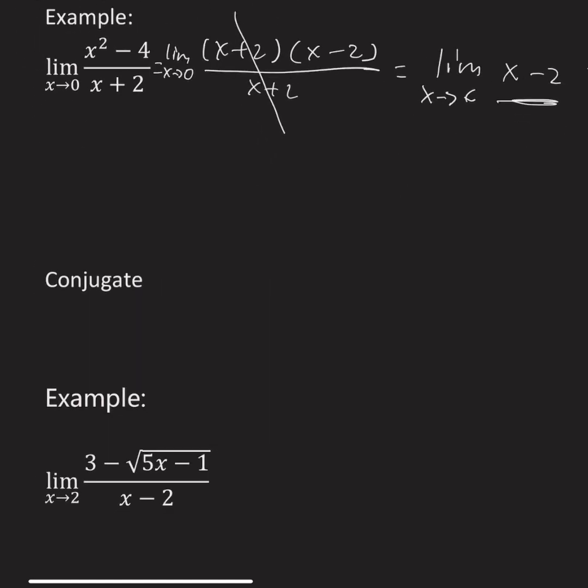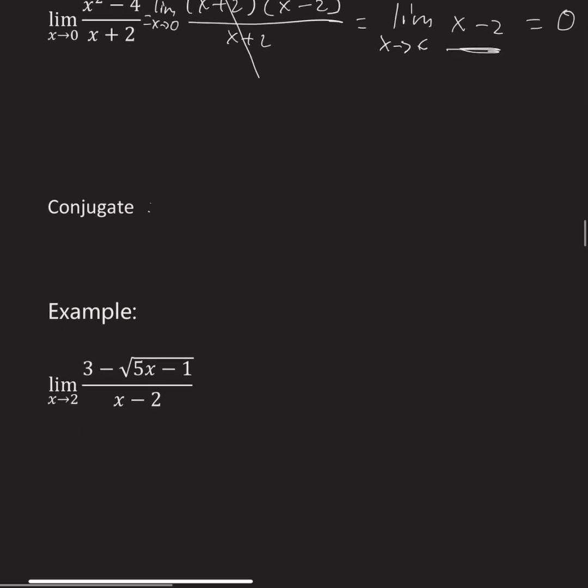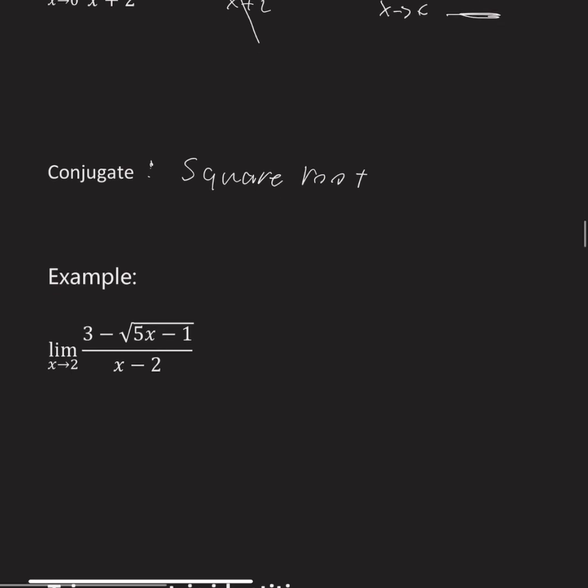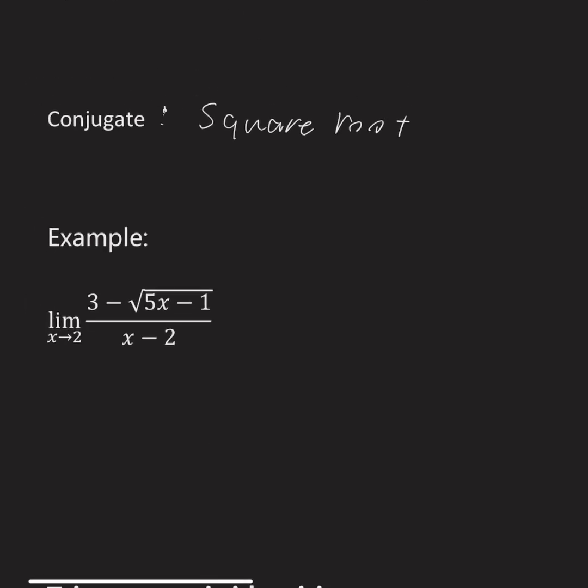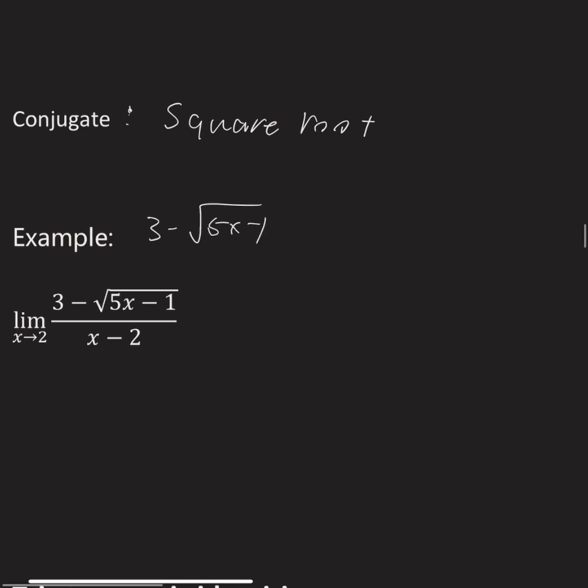Now, about conjugate. Another method to solve is multiplying by its conjugate. This happens when we are dealing with a square root. Let's talk about an example here. What is the conjugate for 3 minus square root of 5x minus 1?